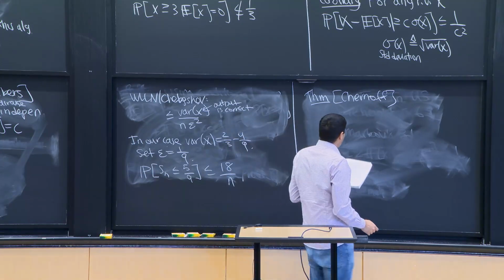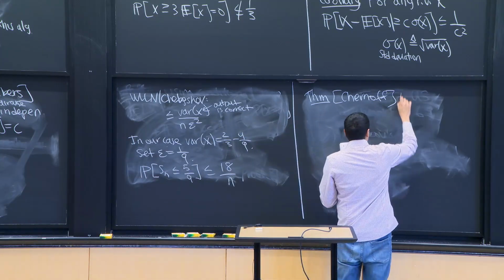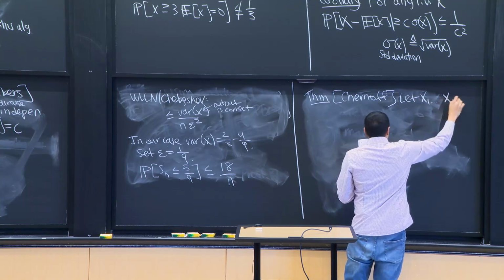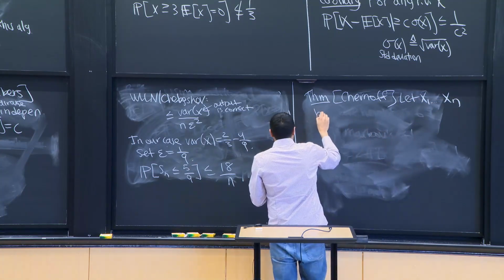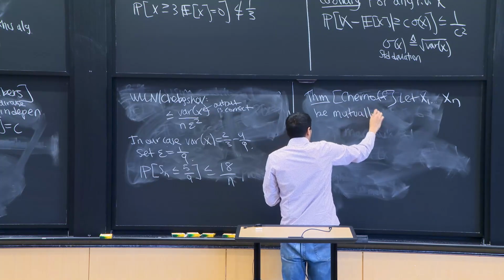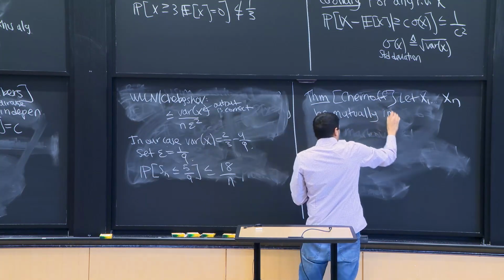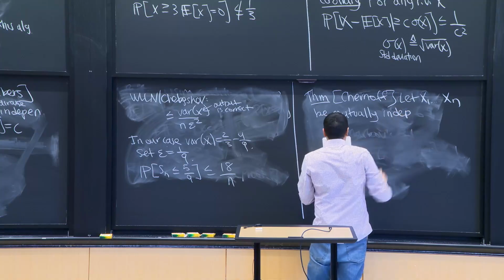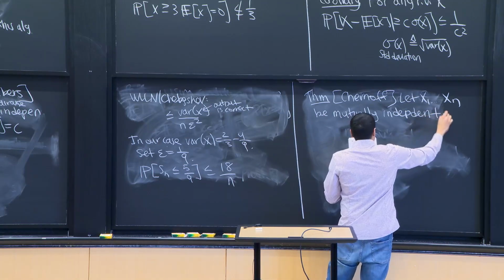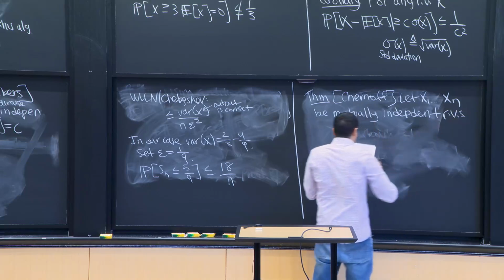It was proven by our former colleague Herman Chernoff. Let's assume that x1 up to xn are mutually independent. This is a much stronger notion of independence because I need all subsets of them to be independent from all other subsets. So let's say they're mutually independent random variables.